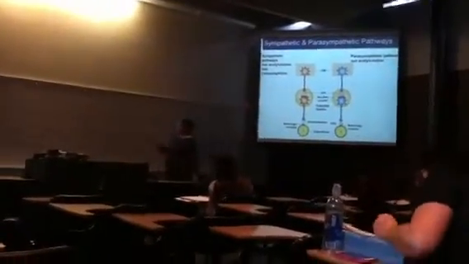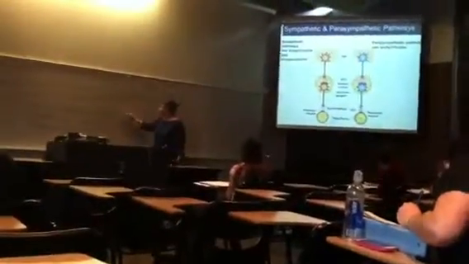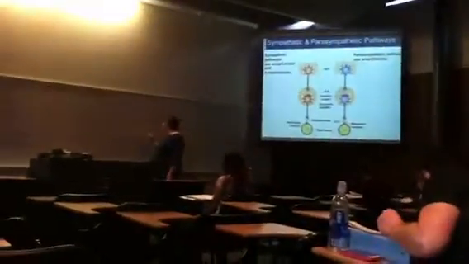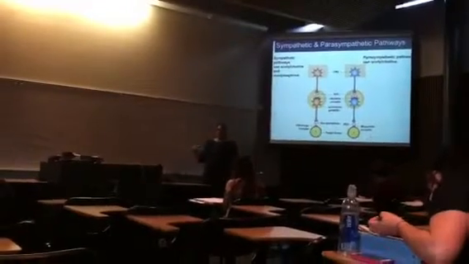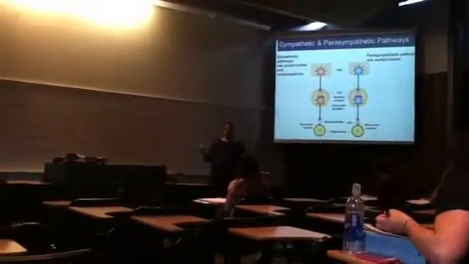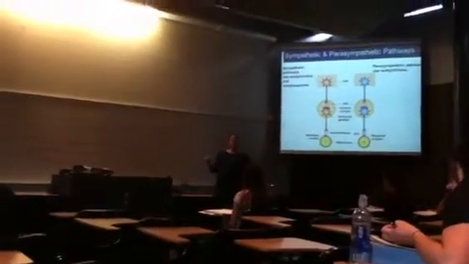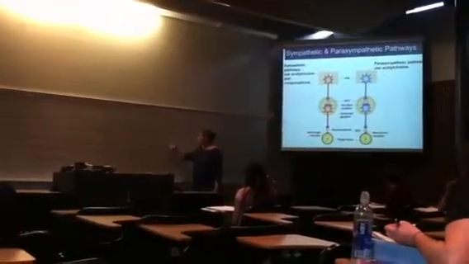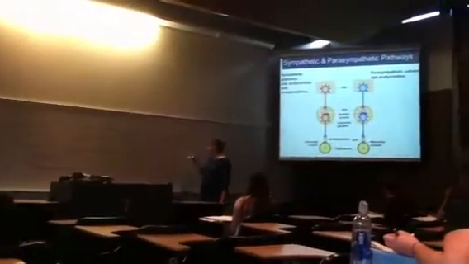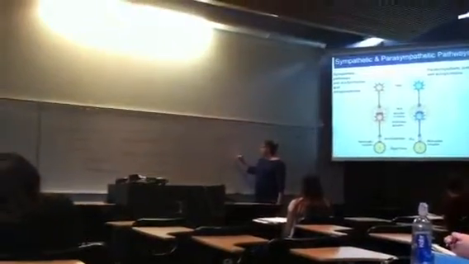Okay, so for sympathetic nervous system, you barely see it on that picture. What's the neurotransmitter that's released at the end? Sympathetic. Norepinephrine, right? And what is it going to bind to? We'll draw the heart.